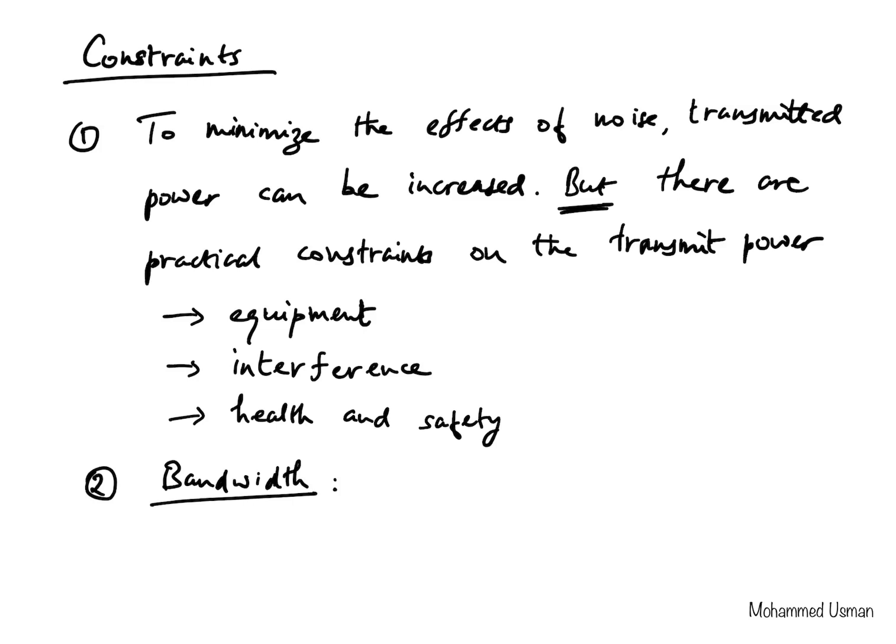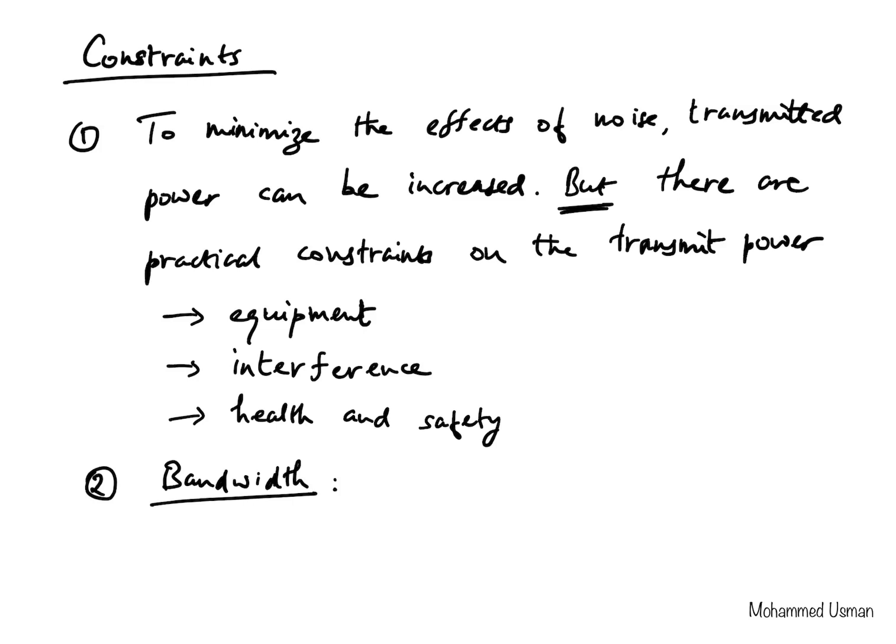So if the bandwidth is small, then the capacity of the channel becomes small, and if the capacity of the channel is small, then the maximum rate at which we can communicate over that channel will also go down. So the available bandwidth restricts the maximum rate at which we can communicate over a given channel.